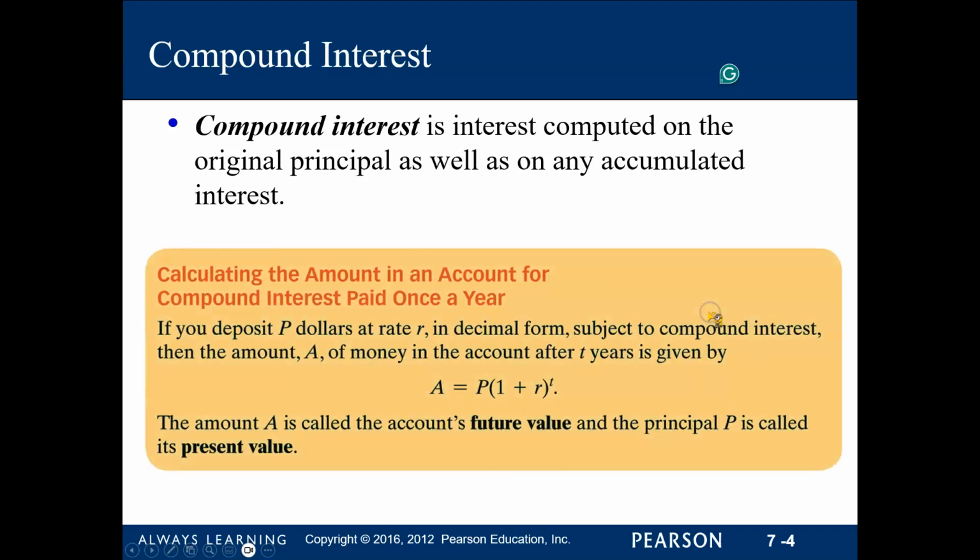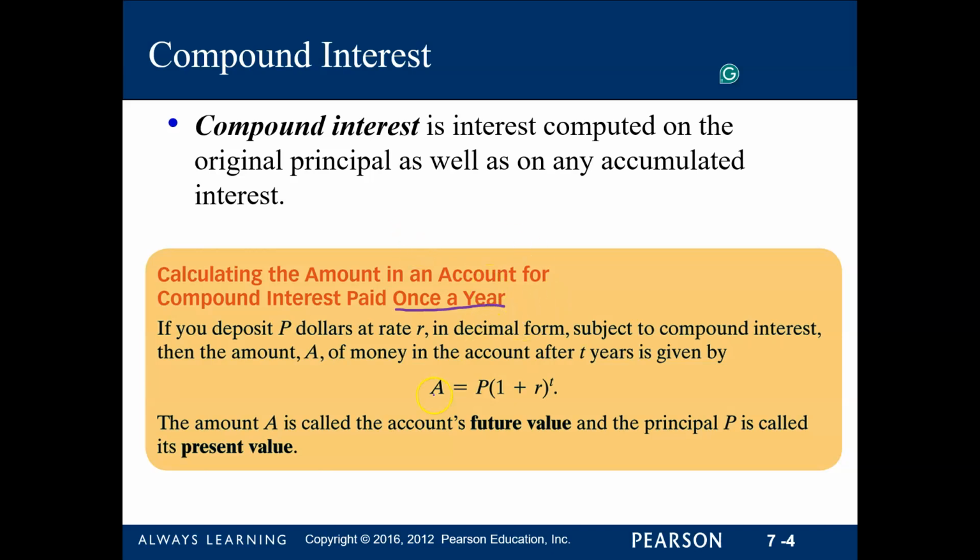So every year, the principal technically gets bigger and bigger because it takes into it the interest after the year. Okay. So when we are computing for the compound interest compounded once a year, I want to make sure that we understand this part. You will see in this particular topic that there will be a couple of different formulas. That is why it's very important that you read the problem very well.